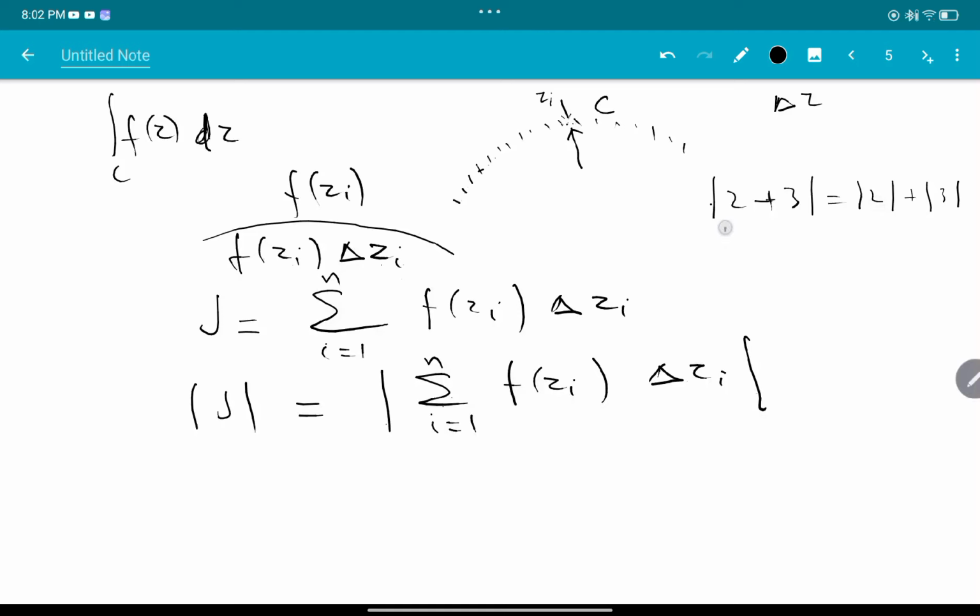But what about 2 minus 3? Is mod of 2 minus 3 equal to mod 2 plus mod minus 3? Let's check. It is mod of 2 minus 3, that is mod of minus 1, which is 1. So the left hand side is 1.